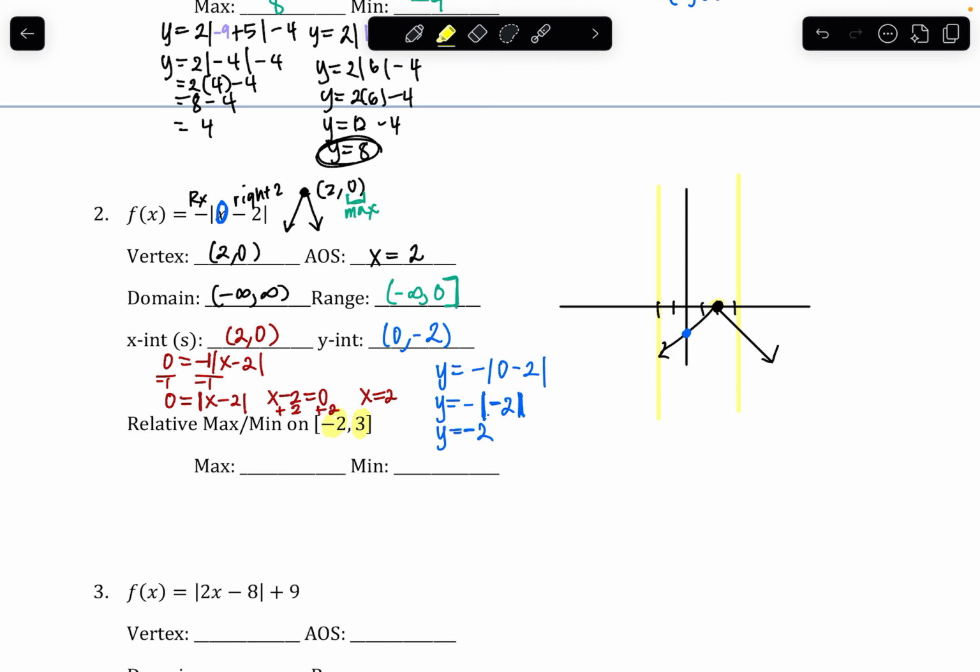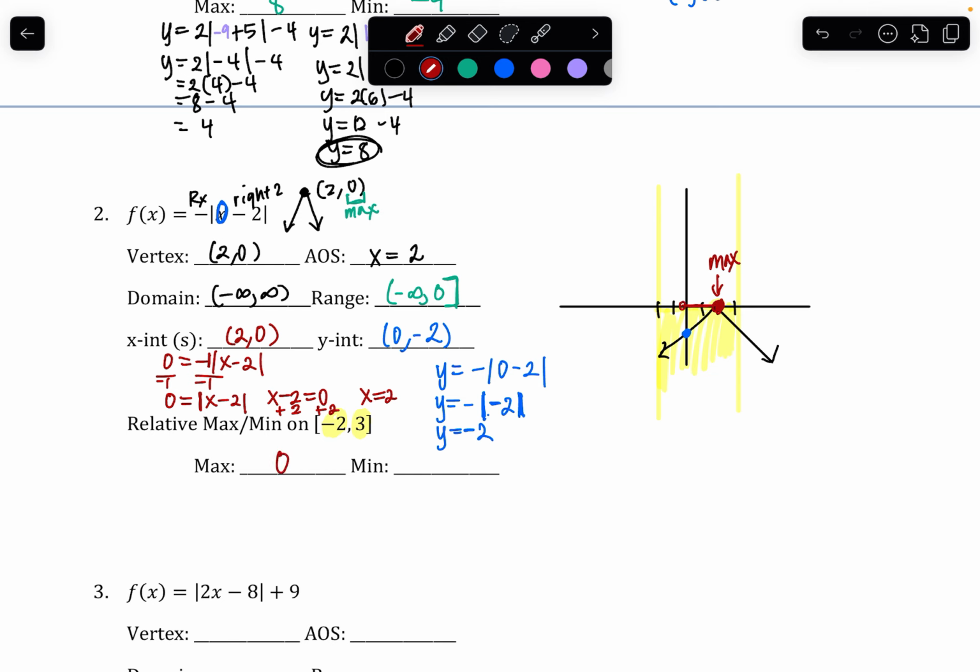And so that's going to be the maximum. If we're just looking at this picture, I see my maximum on this interval is 0. That's y equals 0.